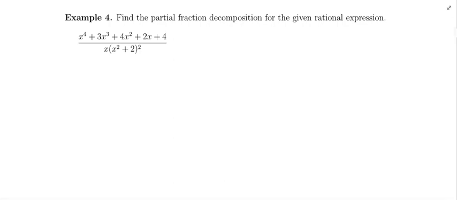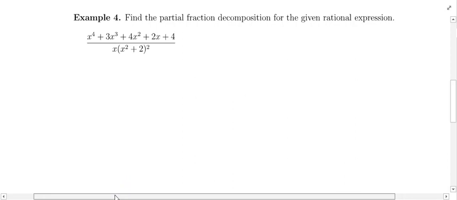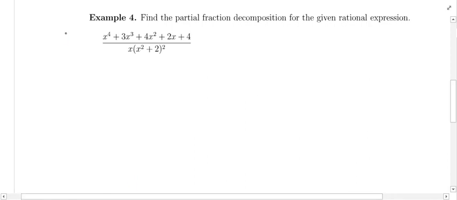Okay, let's talk about degrees here. The numerator is going to be degree 4. The bottom is x times (x squared plus 2) squared. So this is really x squared plus 2 times itself. Notice that inside the parentheses, the x squared plus 2, you cannot factor that any further.